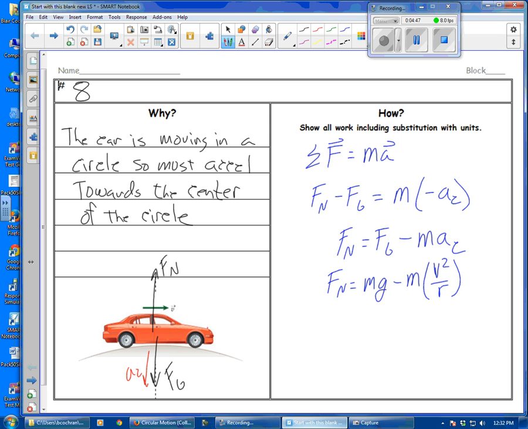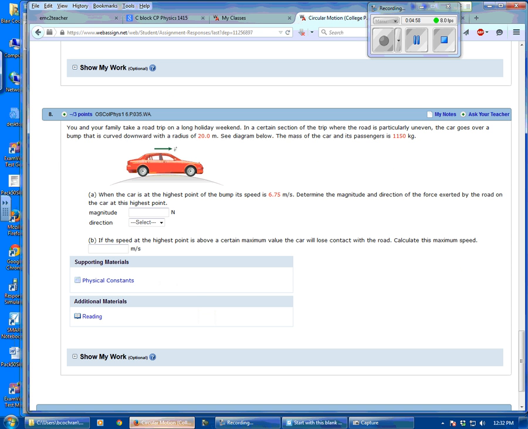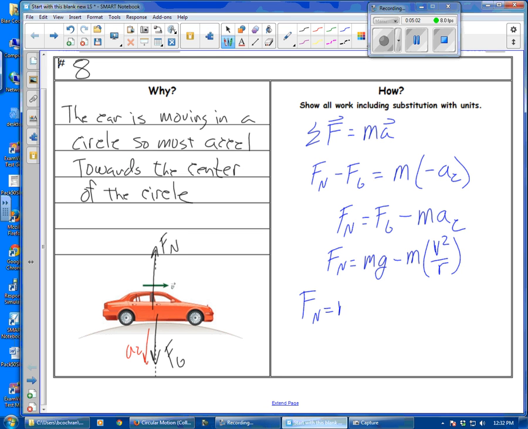And now it's plugging in. The mass is 1150 for mine. I'm going to factor my m out, so I only have to put it in once. Less calculator work, right? I can just factor the m out there, a little algebra.